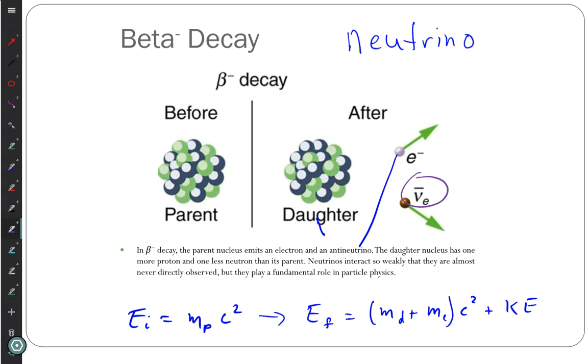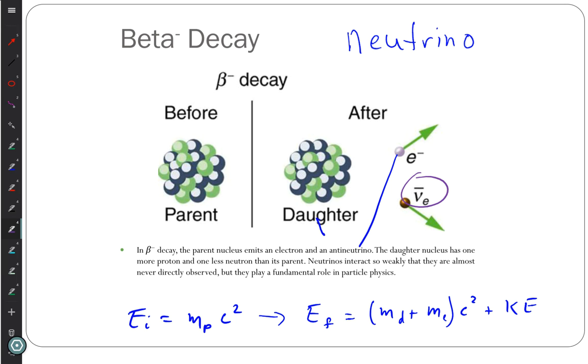And so in this case, how many electrons did you have in the nucleus initially? What's the nucleus made out of? Protons and neutrons. How many electrons? 0. So we start with no electrons. We can't have a change in that lepton number. We can't have a change in the number of electron leptons.